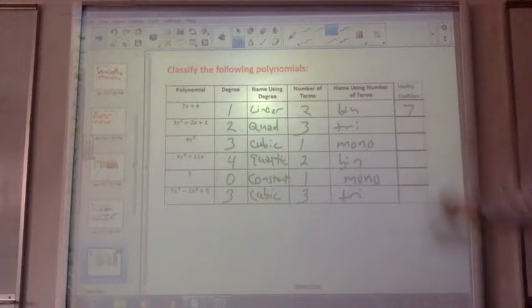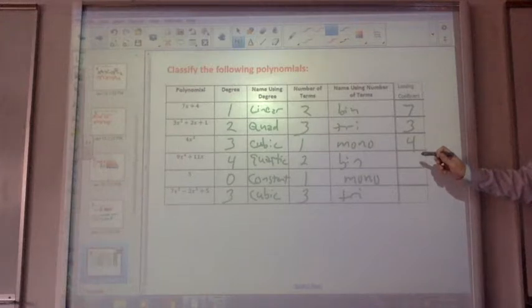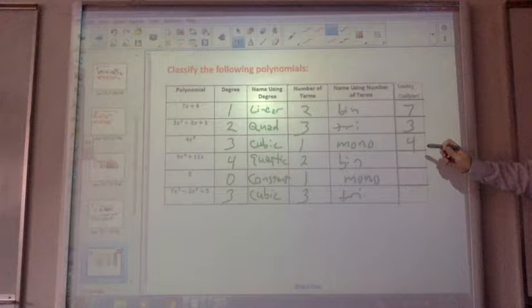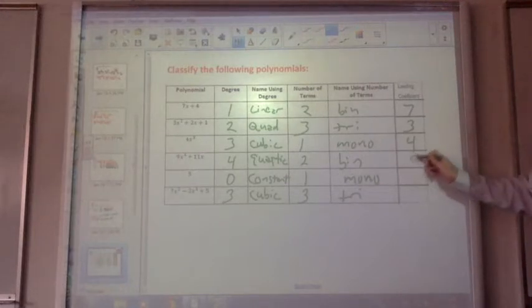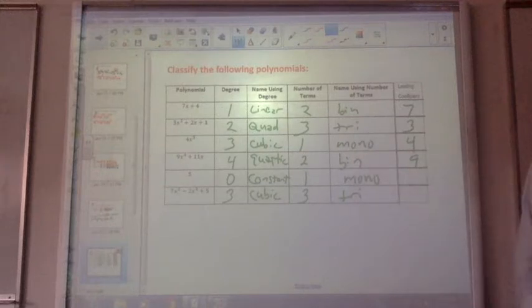7. Leading coefficient on the next one? Leading coefficient on the next one? Leading coefficient? Highest exponent is what? 4. Leading coefficient of that exponent is? 9. What is this one? Just 5. Leading coefficient there? Careful. 2.